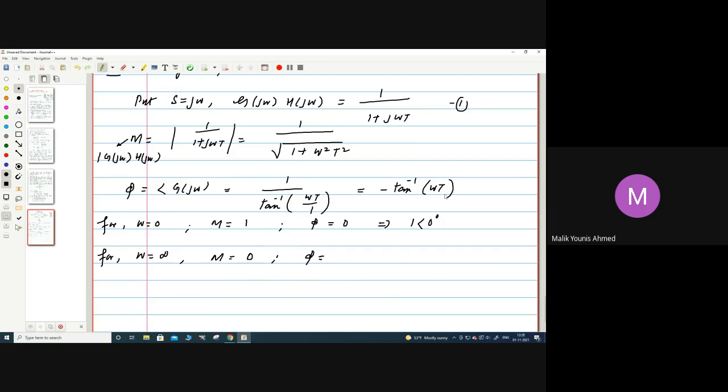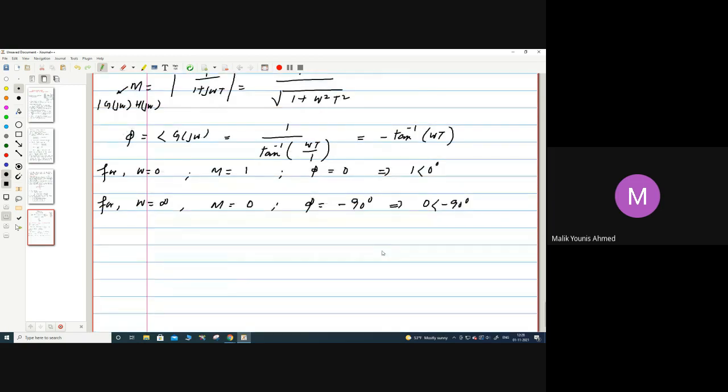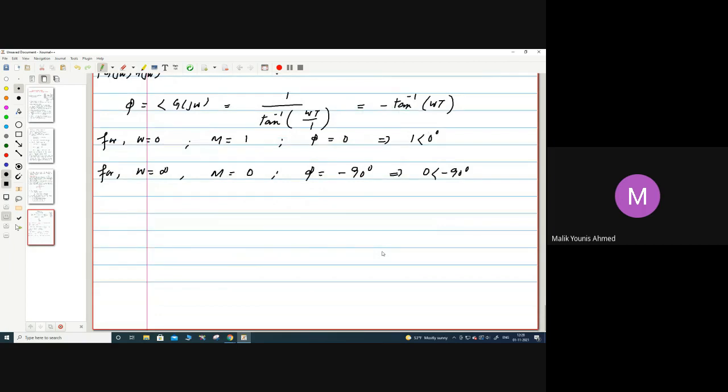Tan inverse of infinity is 90 degrees, so this angle will be minus 90 degrees. So here it will become 0 at an angle of minus 90 degrees. So the 2 vital points are: at omega equal to 0, magnitude 1 and angle 0; at omega equal to infinity, magnitude 0 and angle minus 90 degrees.